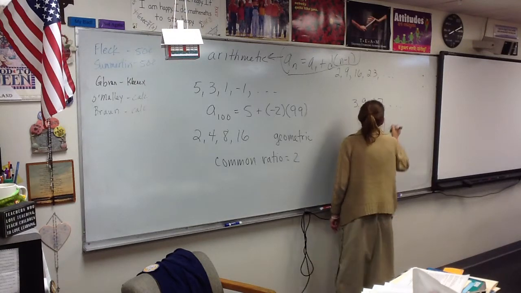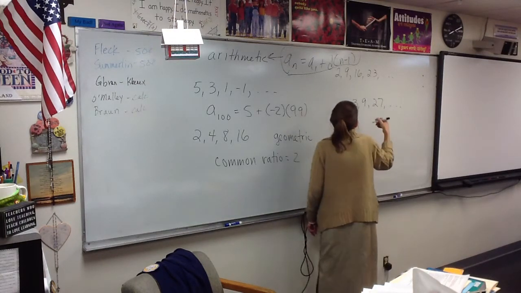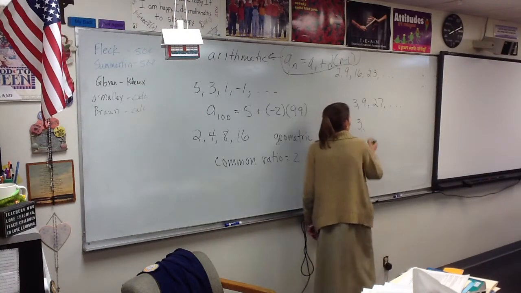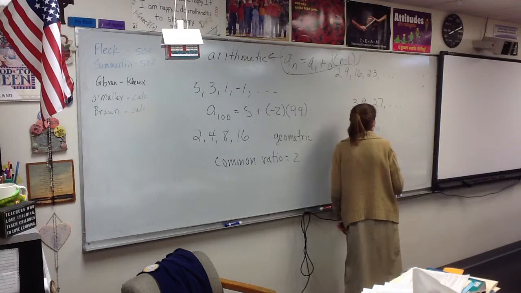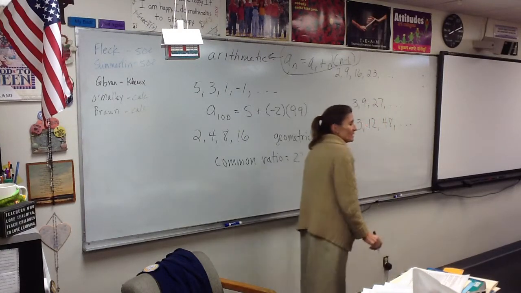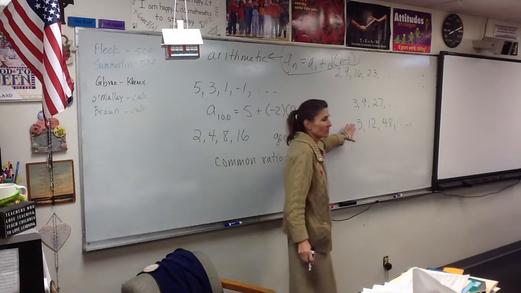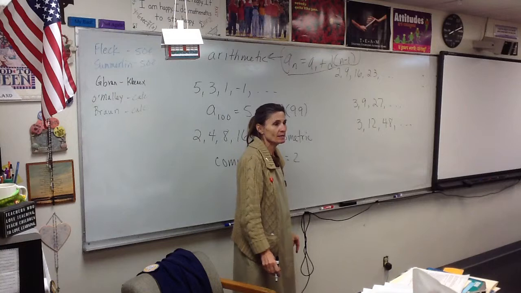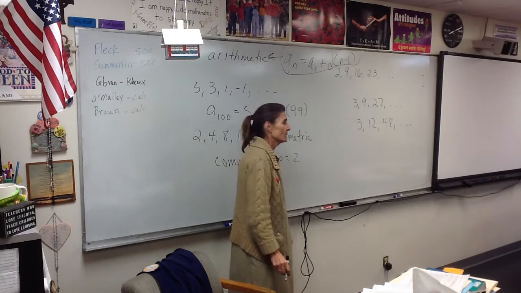Yeah, you guys, you're too obvious. Let's get a little wild and crazy. How about maybe let's start with 3 and go to 12? And then 48. Okay. Now, is this geometric? Yes. And its ratio is 4.